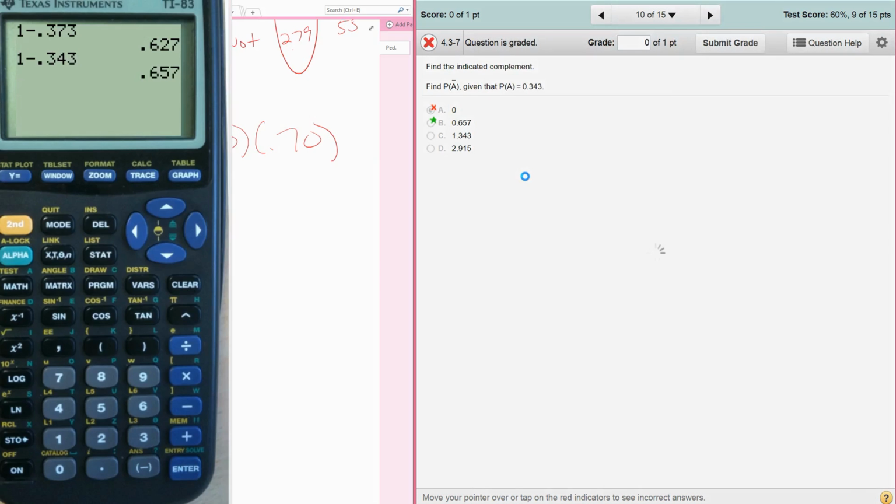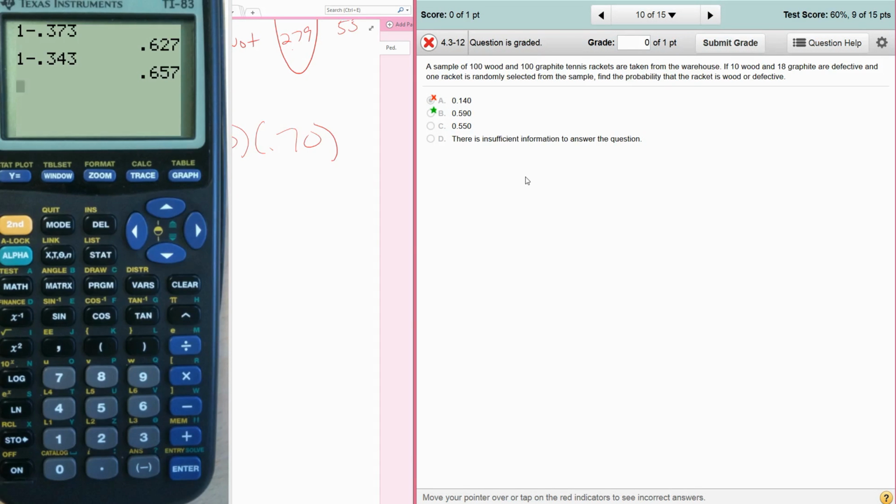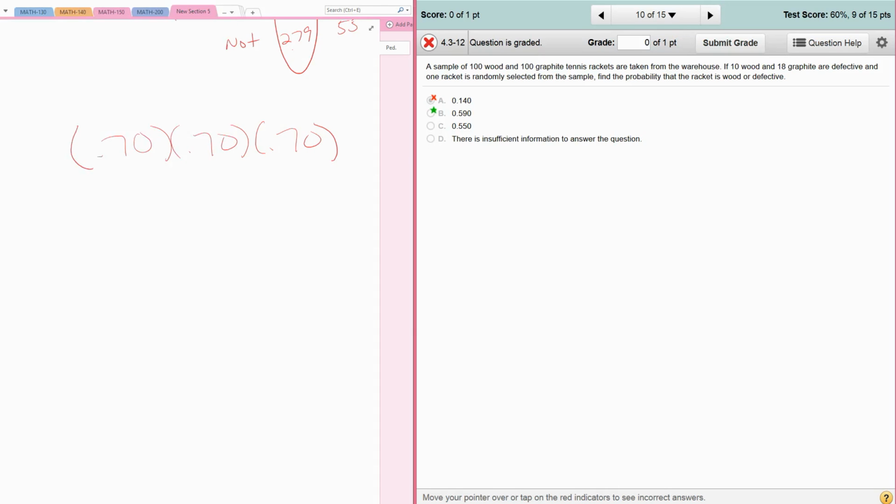So number 10. It says a sample of 100 wood and 100 graphite tennis rackets are taken from the warehouse. If 10 wood and 18 graphite are defective and 1 racket is randomly selected from the sample, find the probability that the racket is wood or defective. Now, one way that we could do this is make our table.